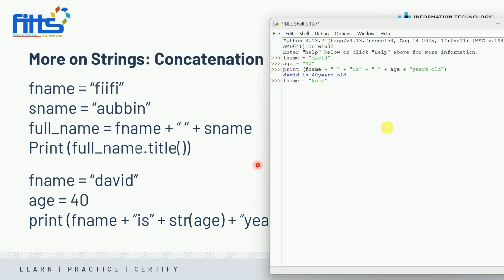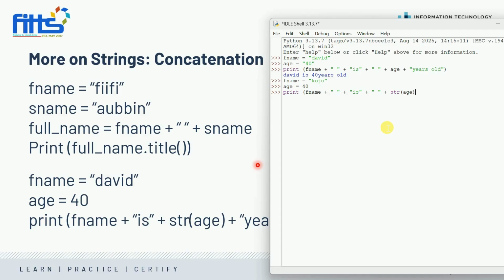We have f name as, let's say, Kojo. Then the age is equal to 40. And I want to print the first name, plus a space, plus is, plus another space, plus, and I'm going to use str.